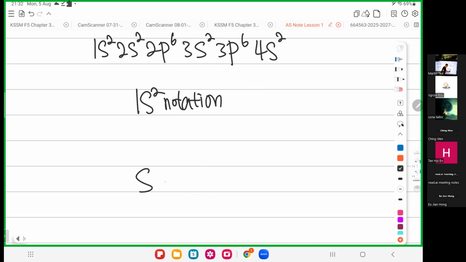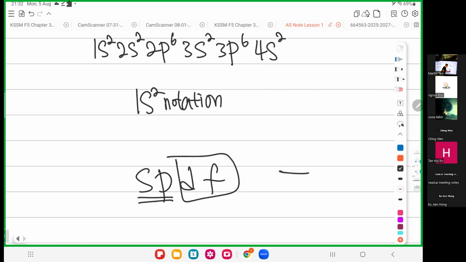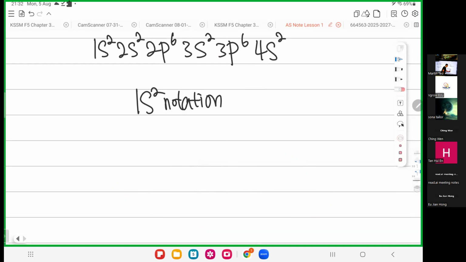But for these two, if you write f in a big capital, 0. d in a big capital, 0. Must be all in small letters. All right. So now we are done with the 1s2 notation.